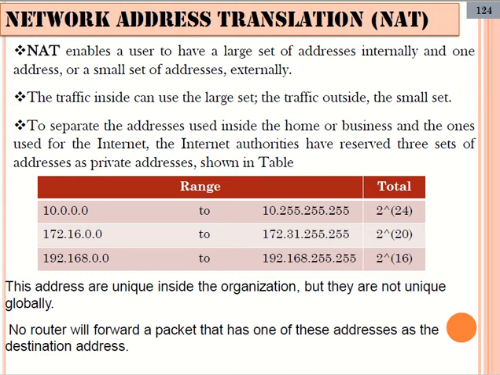But as the organization grows, it is going to create a few problems. Let me take a case of a small organization which requires a small range of addresses. The ISP is going to grant those addresses to the organization.